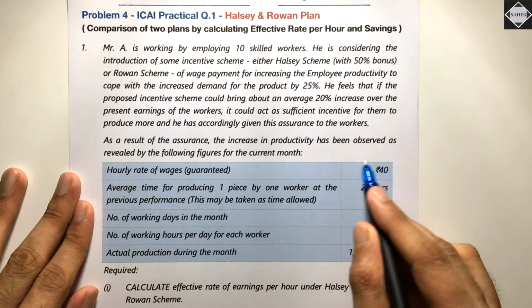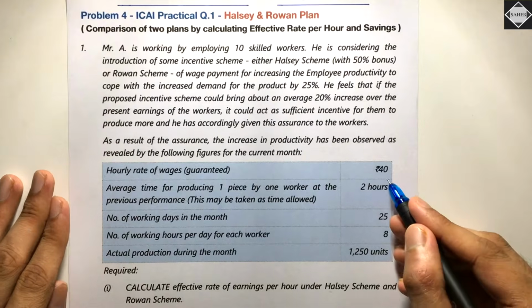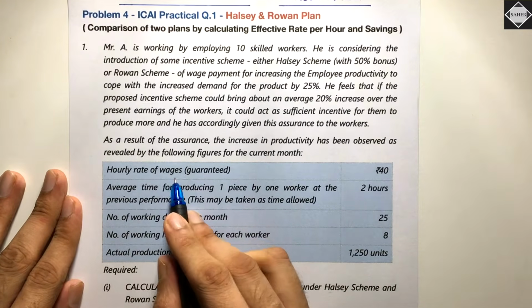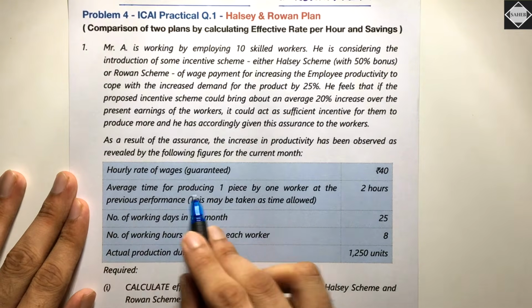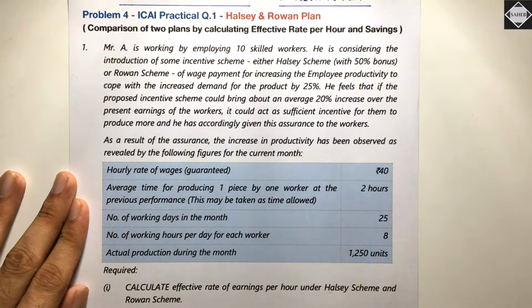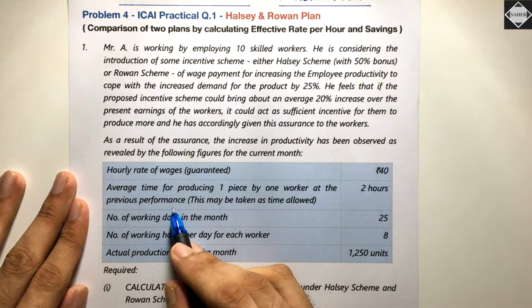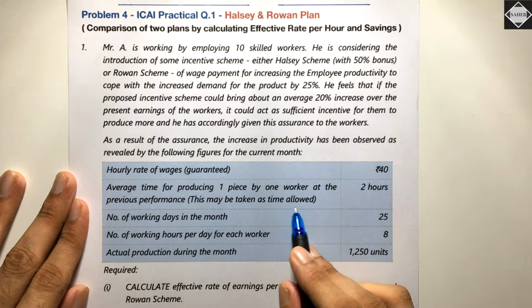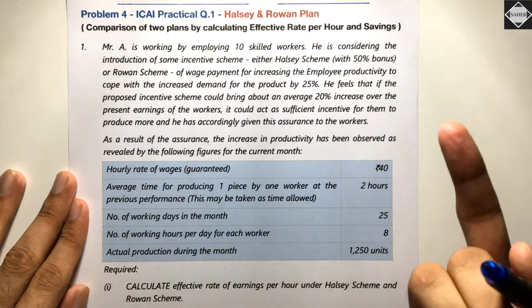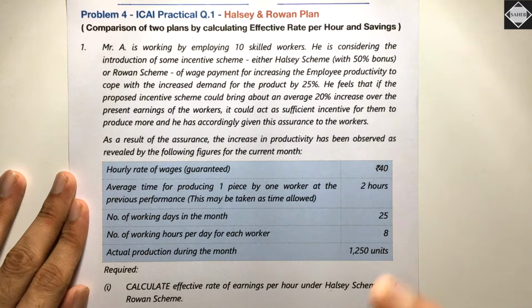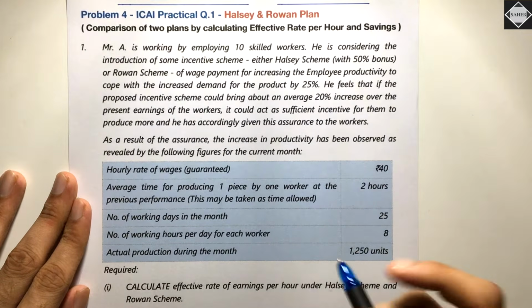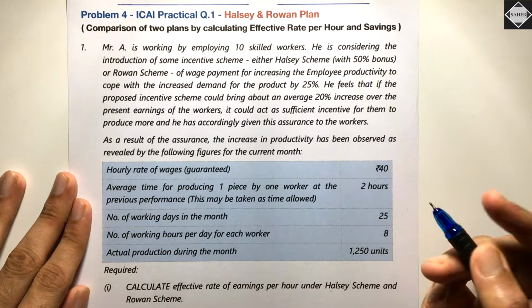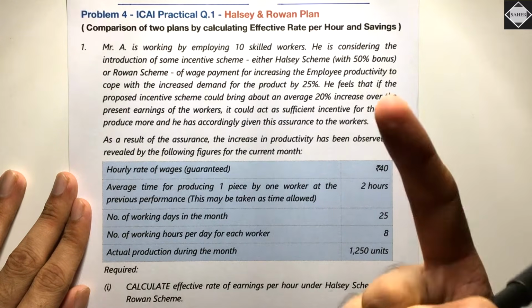This is your time rate, TR, the hourly rate of wages. Then the average time for producing one piece by one worker at the previous performance, which may be taken as time allowed. Time allowed means standard time; they are the same, whatever time has been allotted to the worker. That is 2 hours to produce one piece.